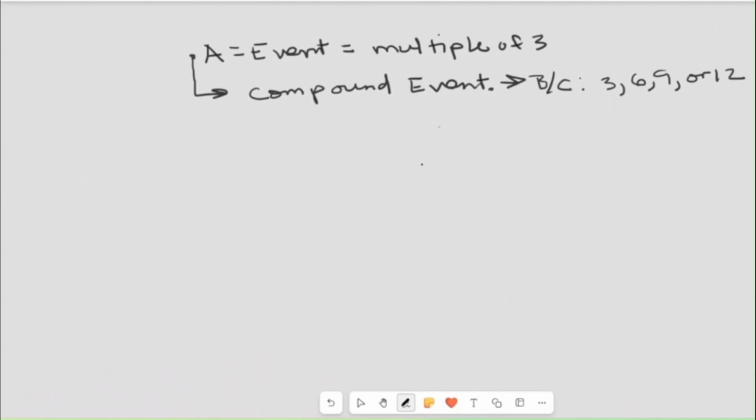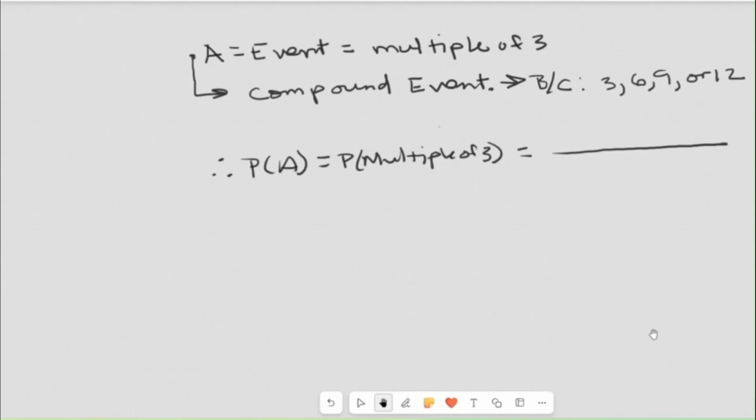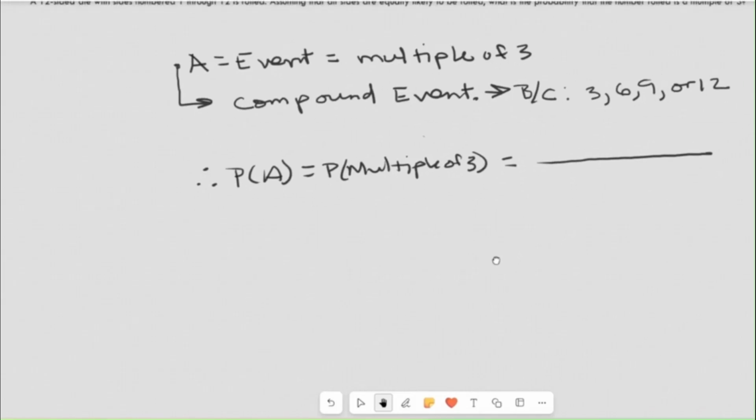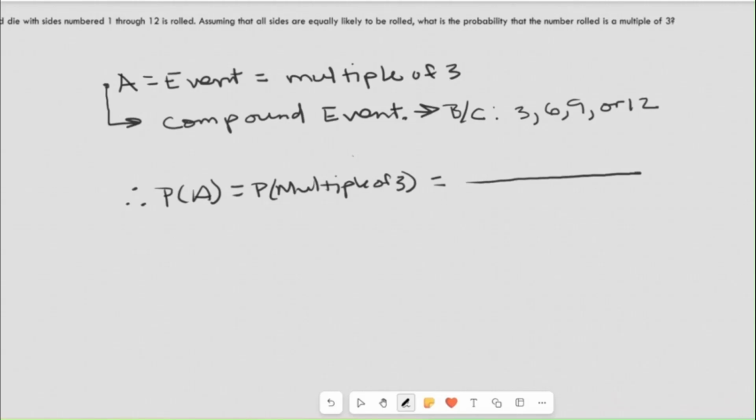Therefore, we can define our probability as the probability of A being equal to the probability of rolling a multiple of 3, which is equal to the number of different ways that A can occur over the total number of simple events. A can occur by rolling a 3, a 6, a 9, or a 12, so the total number of ways A can occur is equal to 4.